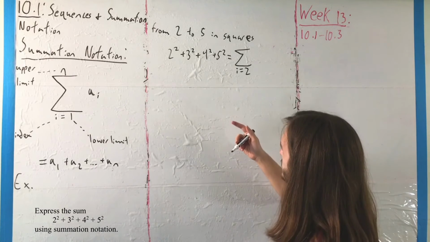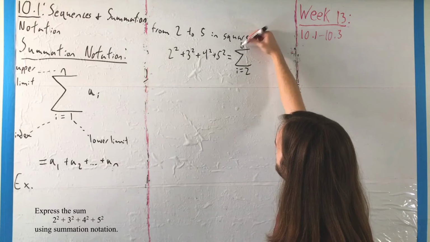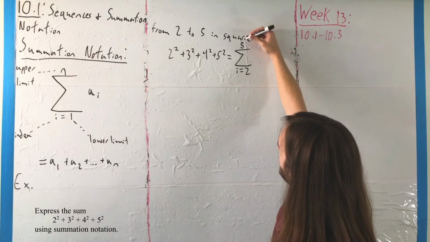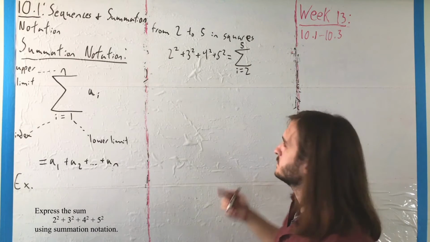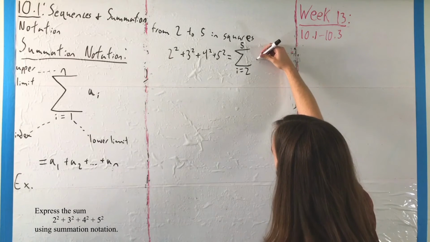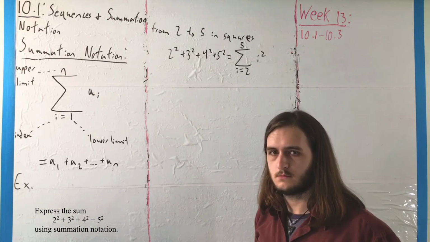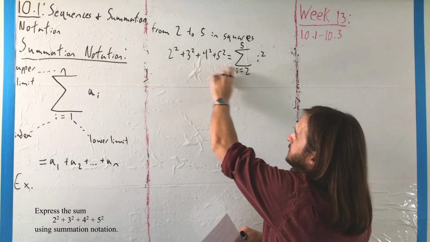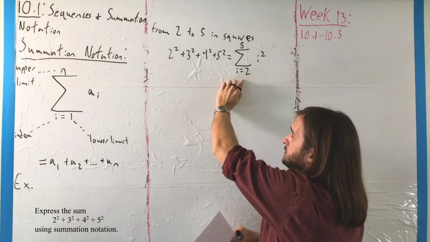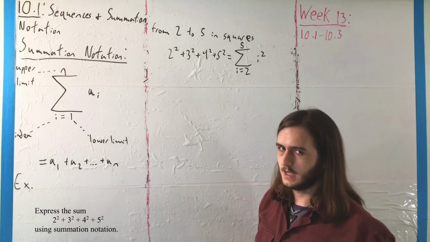Anyway, we're going to start at i equals 2, going up to 5, and we're following the pattern of squares, where we're using the index i, so we're just taking terms i squared. And that's it. Instead of looking at this sum of things, we're going to use this as a bit of a language shortcut to just pull it together a bit.